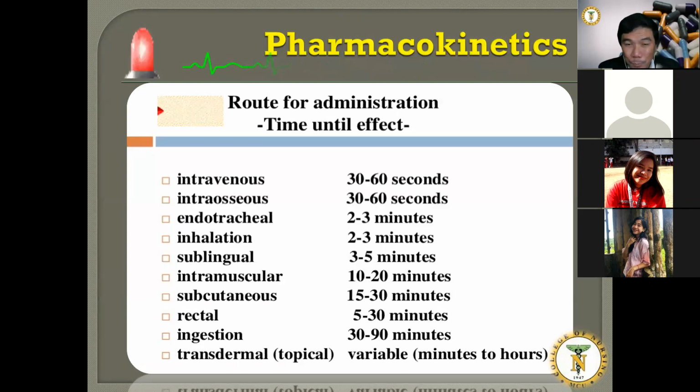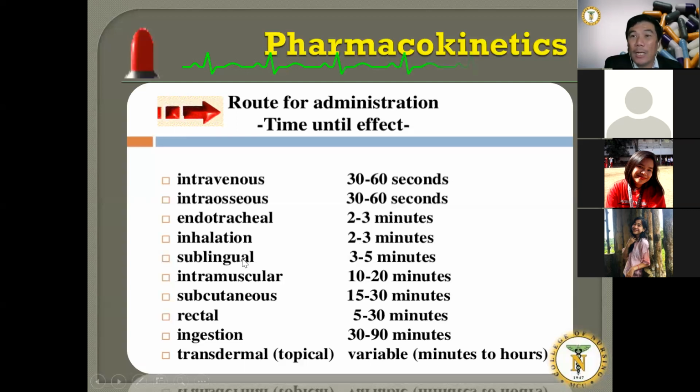But however, even though with that journey, the concern is that by intravenous, it's more on the 30 seconds because it's already directed to the plasma itself. And while the endotracheal, it will still be considered as 2 to 3 minutes by inhalation because it will pass through that phase. Next, sublingual.